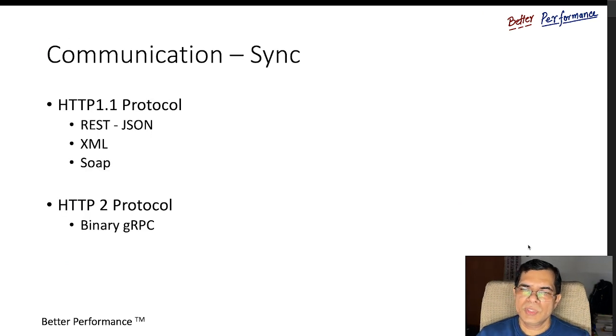When we talk about sync communication, it generally happens over the HTTP protocol. Here we are going to focus on the HTTP 1.1 protocol and the 2.0 protocol. The 1.1 protocol is REST over JSON, XML, SOAP or some custom protocols, whereas the HTTP/2 protocol generally uses the binary gRPC protocol.